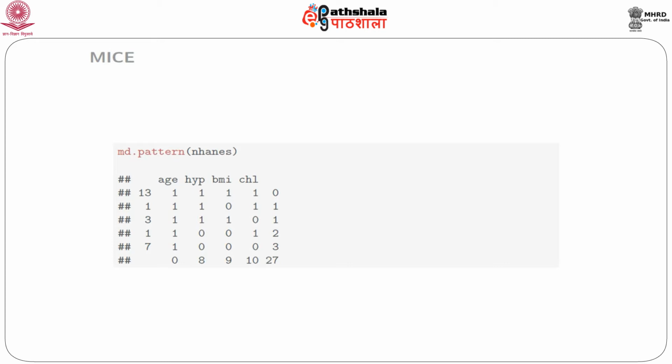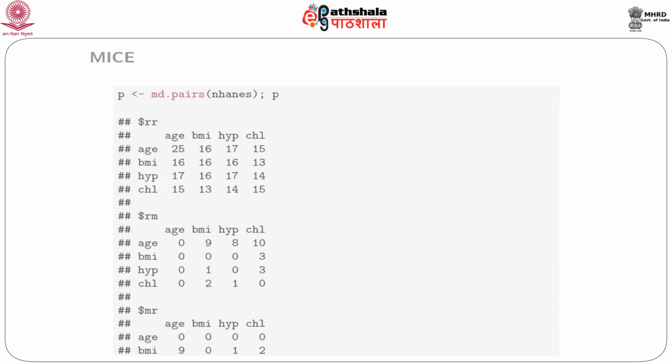Now, what is the meaning of this? This says that there are 13 out of 25 rows which are complete. So, in these 13 rows there is no data which is missing. There is one row for which only BMI is missing, and there are 7 rows for which only age is known. The total number of missing values equals 27, while most missing values occur for cholesterol, and that number is 10.